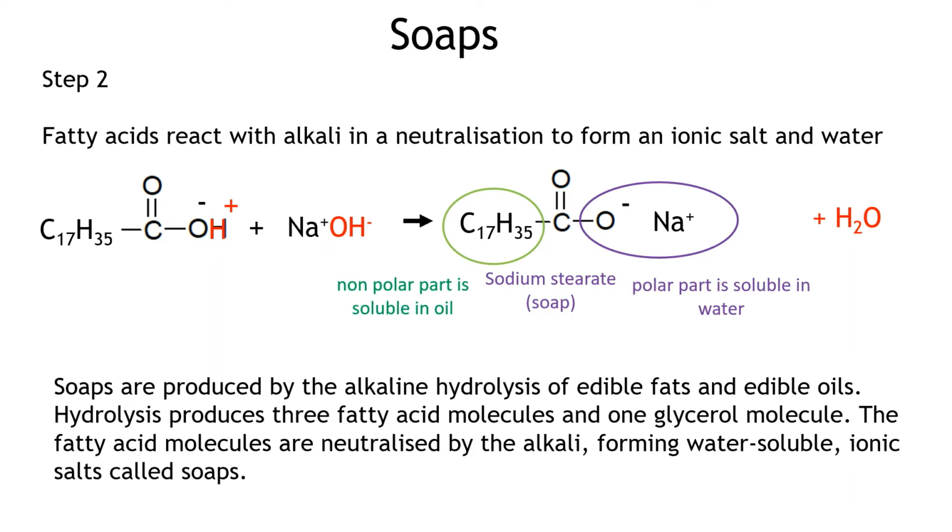So to summarize, soaps are produced by the alkaline hydrolysis of edible fats and edible oils. The first part, the hydrolysis, will produce 3 fatty acid molecules and a glycerol molecule, and then the fatty acid molecules in turn are neutralized by the alkali, such as sodium hydroxide, to form water-soluble ionic salts called soaps.